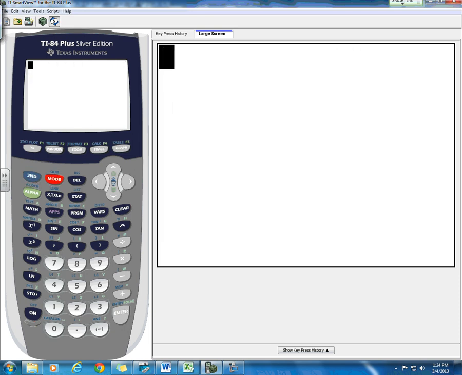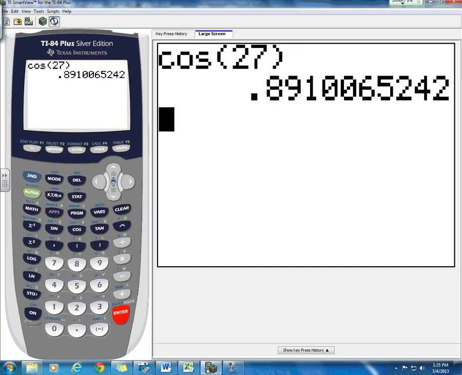And then I know that cosine is on here, and I'm going to just type in 27. And what the calculator is going to give me is a decimal approximation of the ratio. So the cosine of 27 degrees is approximately 0.891. That doesn't have a label on it because it's a ratio.